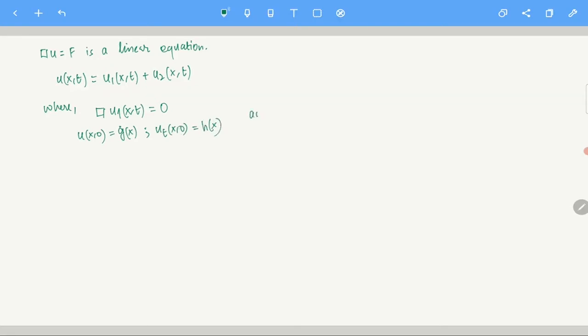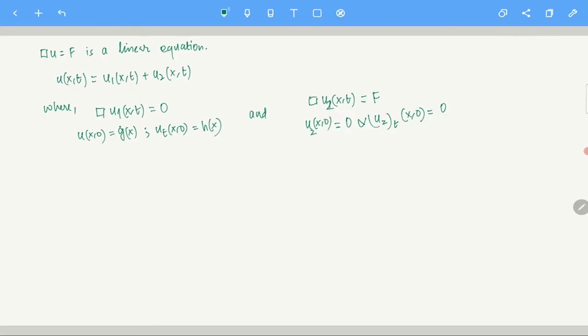And the D'Alembertian of u2 of x,t is going to be capital F, with u2 at the point (x,0) being 0, and the time derivative of u2 at the point (x,0) also being 0.